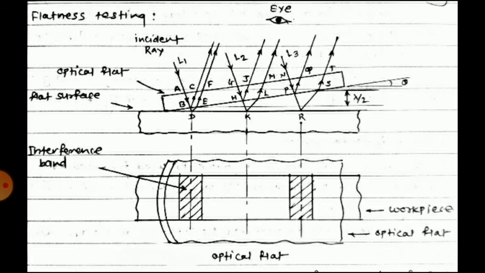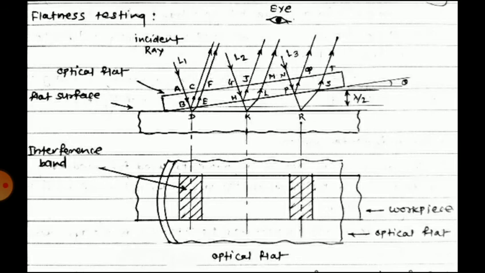Though both the components have the same wavelength and start, the difference in their paths causes them to be either in phase or out of phase at C and F. If the waves reaching the eye are 180 degrees out of phase, a dark band or fringe will be observed.